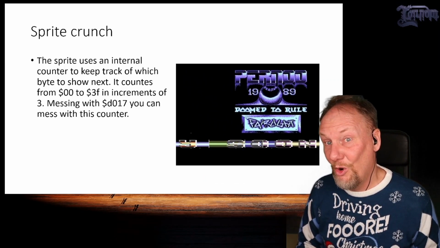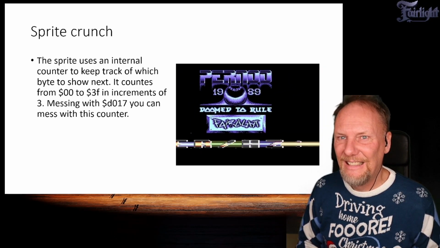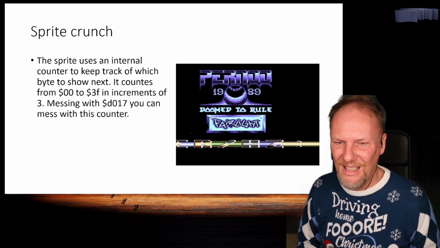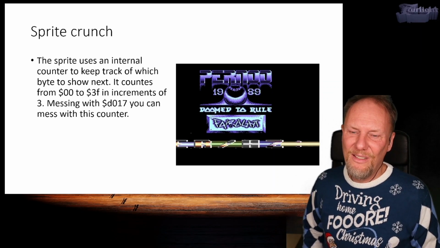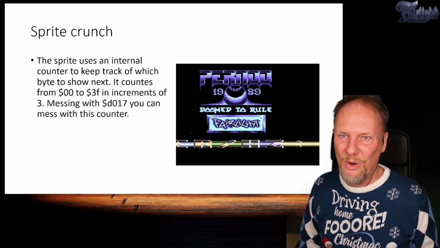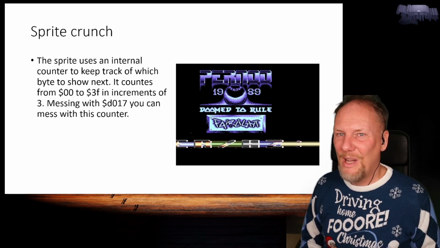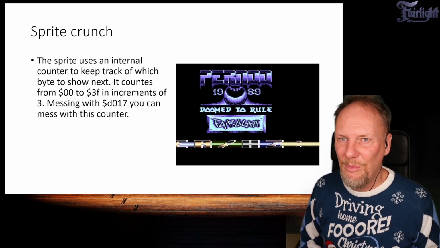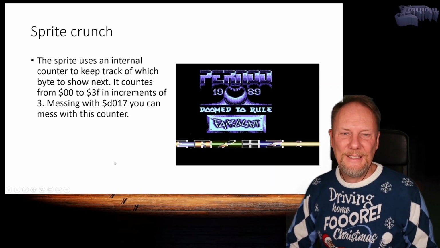To be honest, I hope this is the right demo part, because this is the one that looks like a sprite cruncher, because this is a block of sprites and I think he's crunching them. So this is the first time sprite crunching was actually used, according to most of the online references. You have to read more on this if you want to use it, because I will not be able to explain it any better to you. I'm sorry about that.